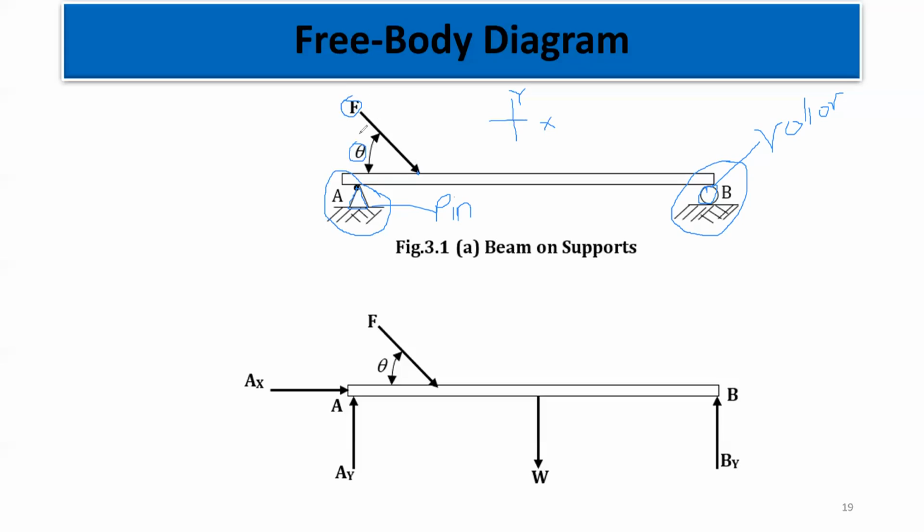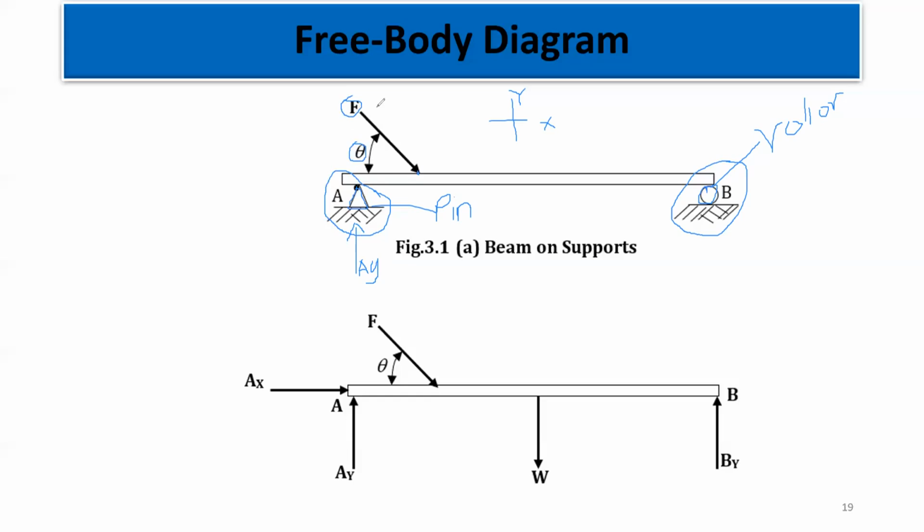Mind you, this force is pointing downwards, so according to Newton's third law, there should be an opposite force opposing that force F. It will point upwards. Because that point has been labeled A, that force in the y is A_y.